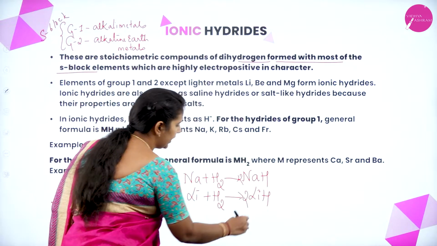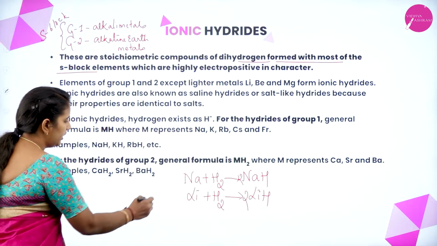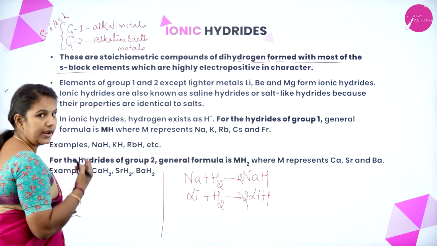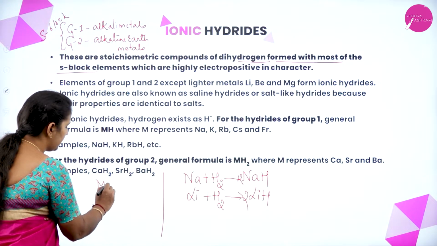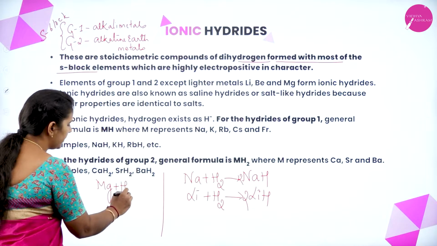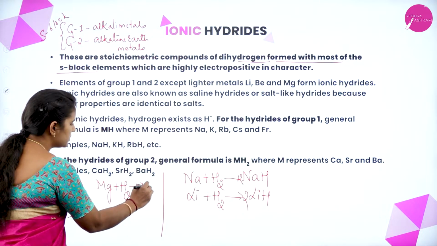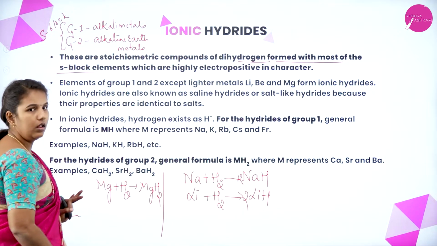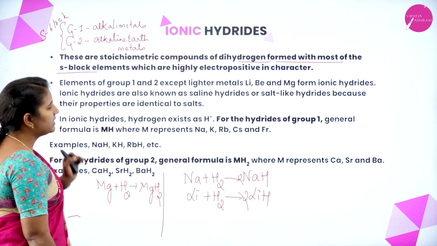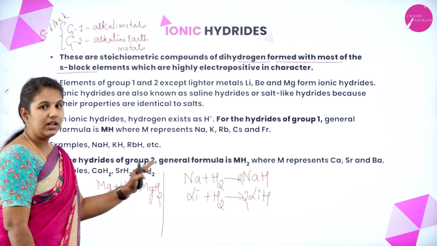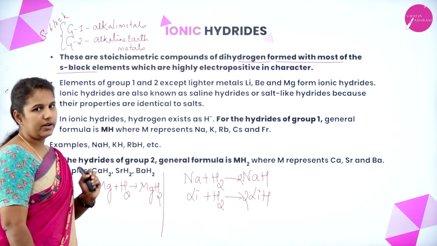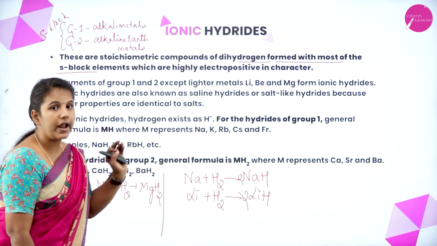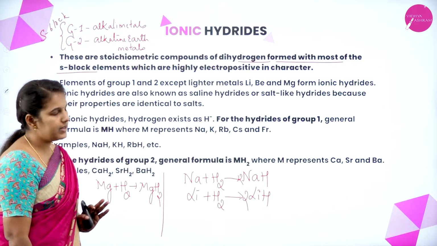Lithium hydride. Similarly, when I go with the alkaline earth metal, I will take magnesium. When it is reacting with dihydrogen, it forms what? Magnesium hydride. So, when it is reacting with alkali metals and alkaline earth metals, their formation of hydride is also different. Is it right?